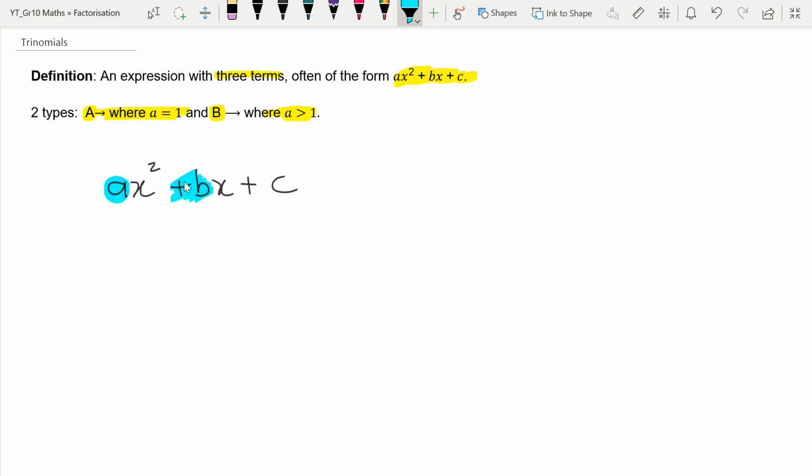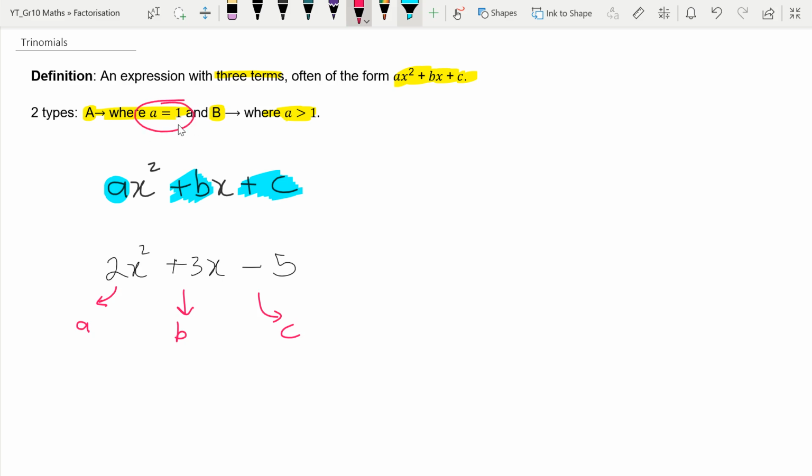Our middle term, or the coefficient of our x term, is b, and then our constant term is c. So for example, if we write down 2x squared plus 3x minus 5, then our a value is 2, our b value is 3, and our c value is negative 5. So that is where this a comes from, right?